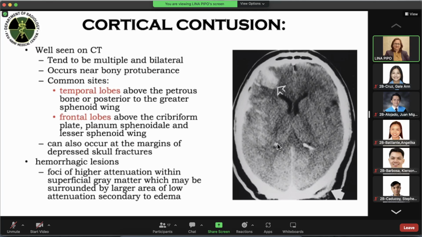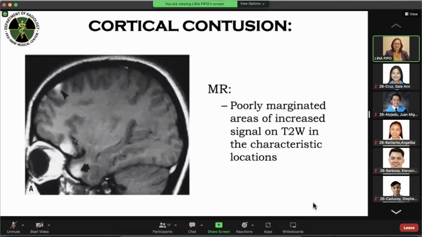In the hemorrhagic lesion, there are foci of high attenuation within the superficial gray matter, which may be surrounded by a larger area of low attenuation. The area of low attenuation surrounding the hyperdensity is your edema. In MRI, there are poorly marginated areas of increased signal on T2 in the characteristic location.